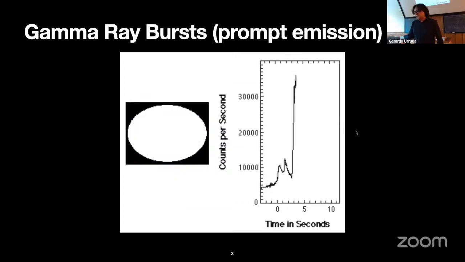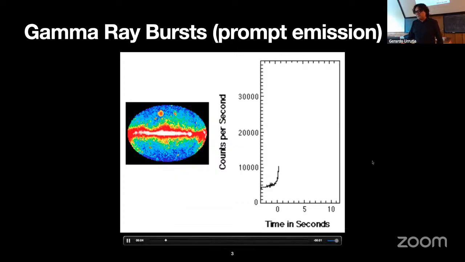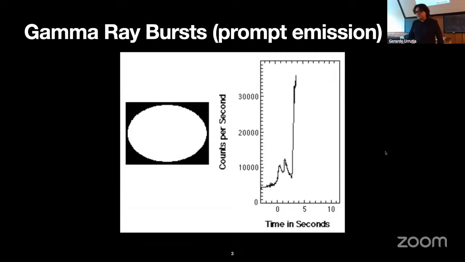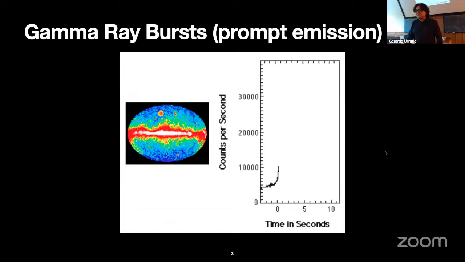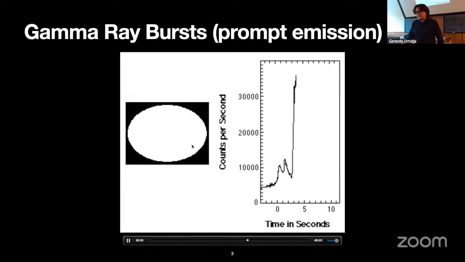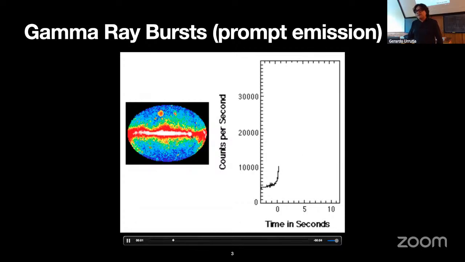The gamma ray burst has two emissions. The first one is called the prompt emission. It is properly the gamma ray emission, which lasts some few seconds. This is an example of the Milky Way emission in gamma rays. When this burst takes place, it is shining the entire sky. With respect to the background, the gamma ray burst emission is 10 orders of magnitude greater than this background.